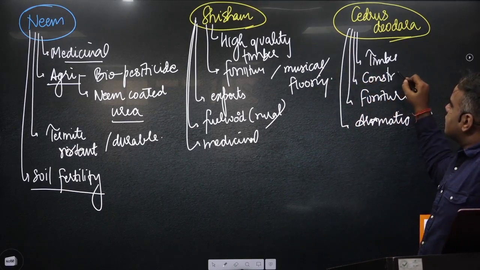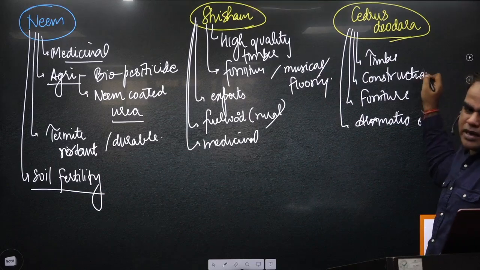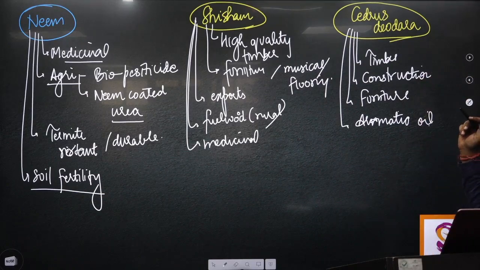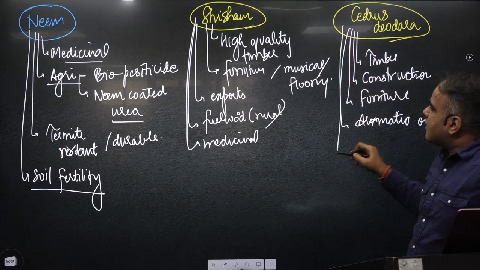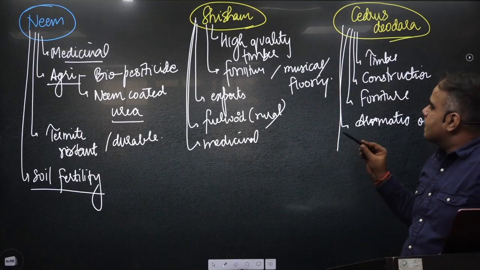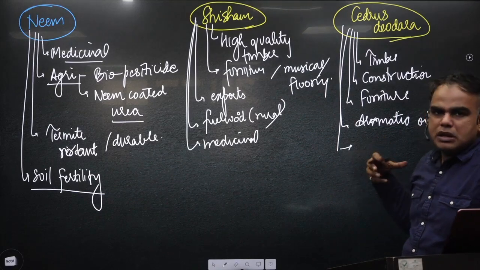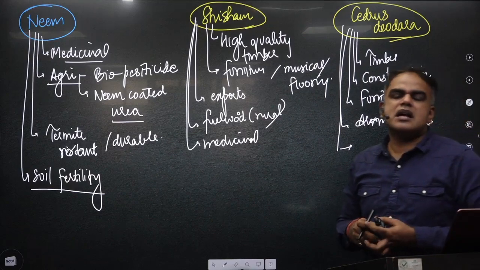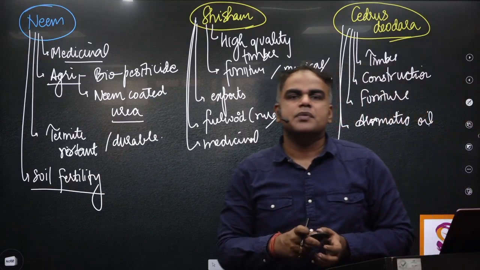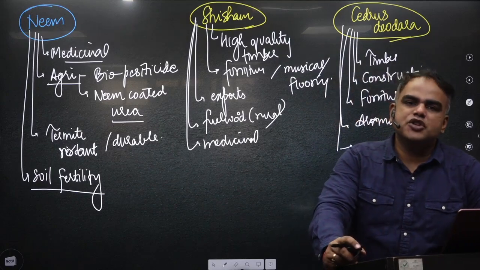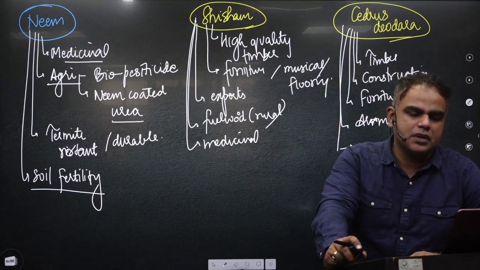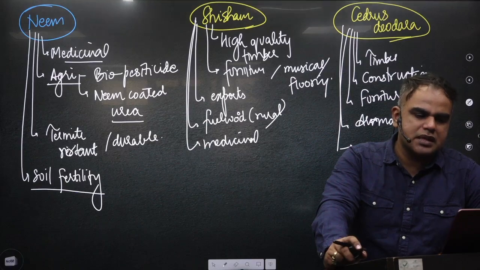Okay, so construction, carvings, etc. It is used. Aromatic oil, that is also used here. Okay, plus one more part. Okay, it has very important religious and cultural significance also. Okay, deodar also has religious and cultural significance. Okay, so that also is an important part.